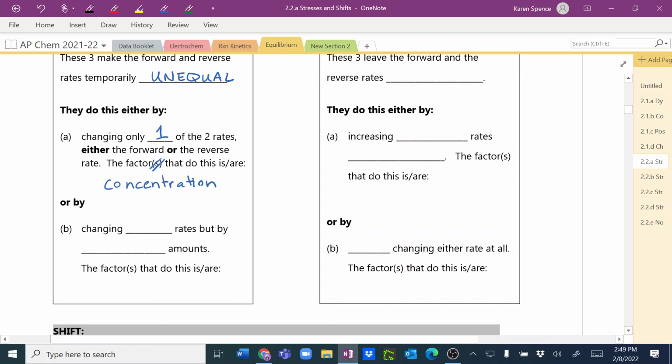Yeah, so a temperature increase will increase both rates. So it could change both rates, but by unequal amounts, or by different amounts. I'm not sure why I chose unequal, but that's okay. So the factors that do this are temperature and pressure, volume.